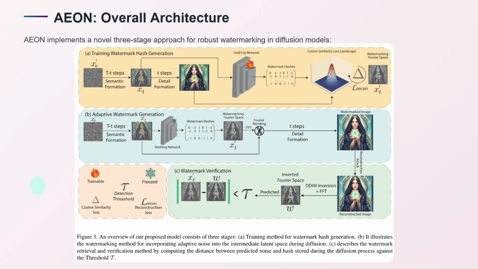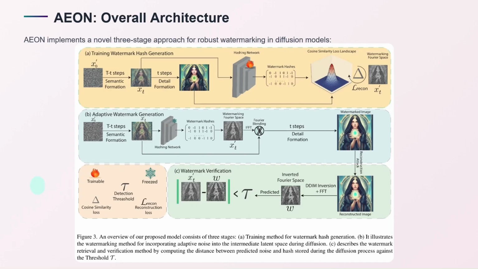This network takes in XT and generates a watermark hash, which is then blended into the intermediate noise through Fourier transformation and then an IFFT operation, and then we continue with the further generation of the image. At the final stage of generation, the watermarked image is generated, containing the watermark in Fourier space, blended within the image and infused into semantics.